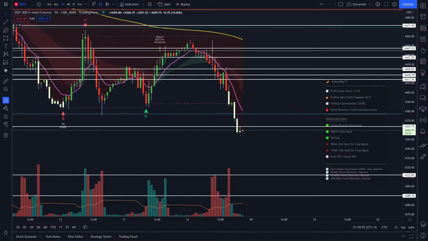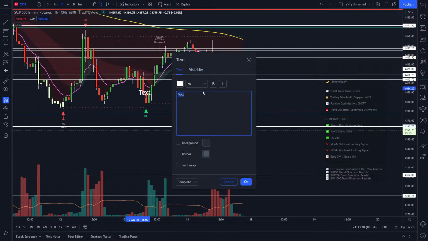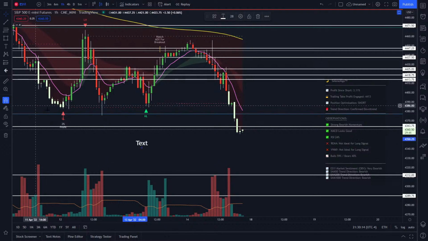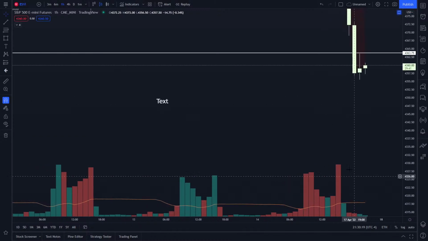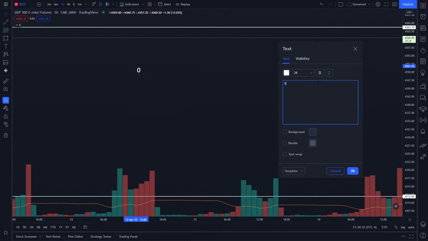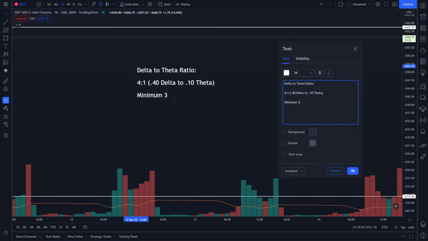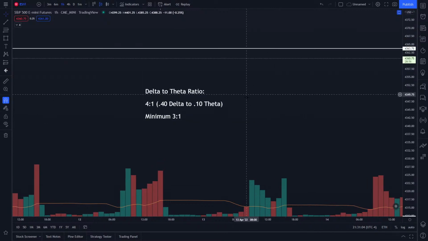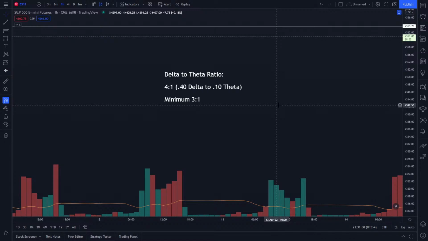Can I explain the delta and theta ratio one more time? Yeah, I'll write it out. So here's our delta to theta ratio, 4-to-1, 0.4 delta to 0.10 theta.